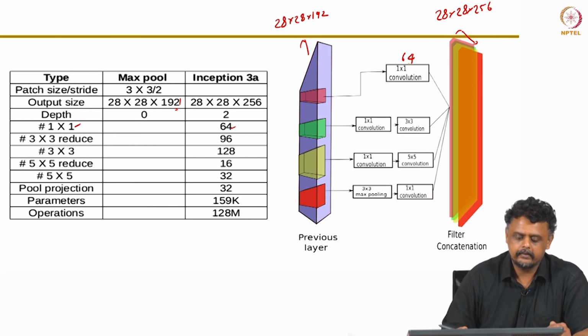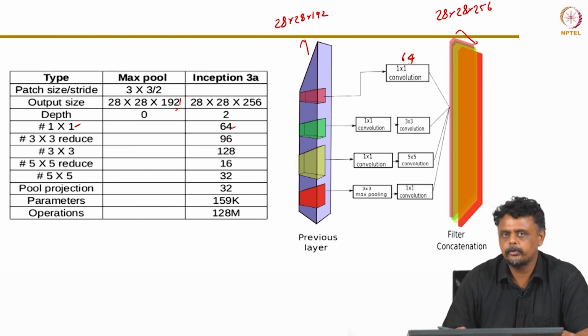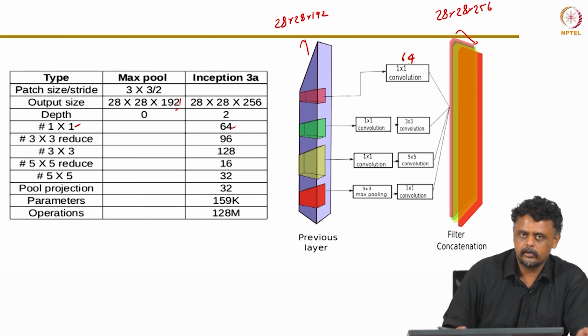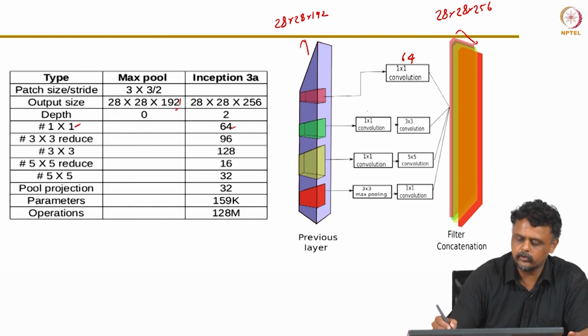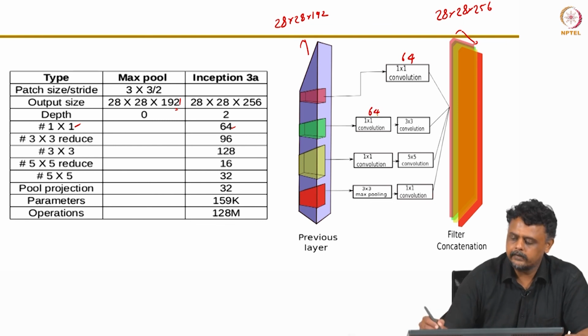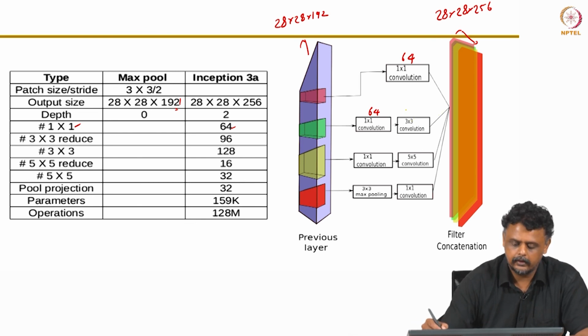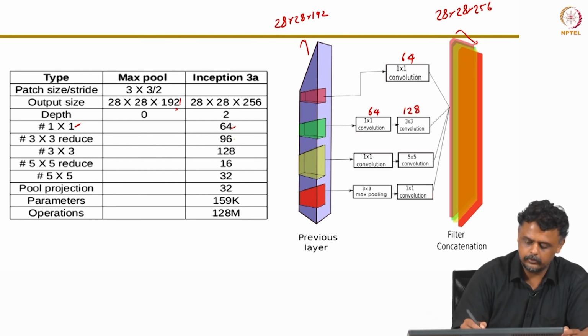The hash 3 by 3 reduce refers to the number of 1 cross 1 convolution maps produced by the 1 cross 1 convolutions preceding the 3 cross 3. So, this 1 cross 1 convolution layer will produce 96 feature maps of the same size, and the 3 cross 3 convolutions will output 128. So, those are the two.